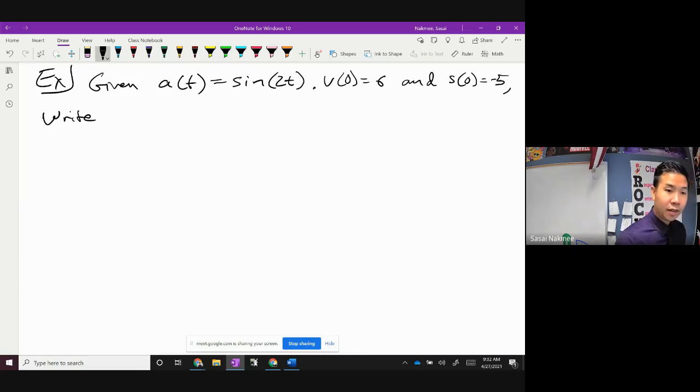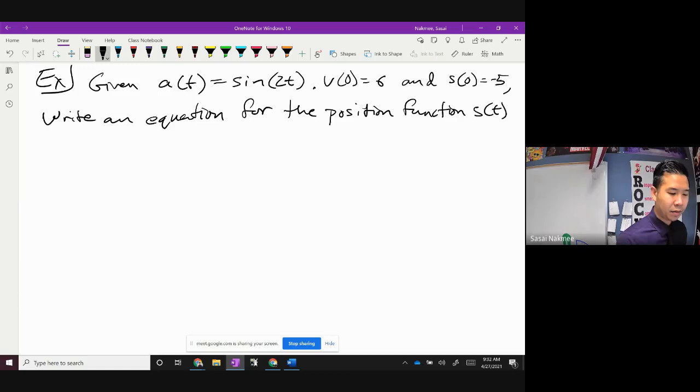Write an equation for the position function S of t.